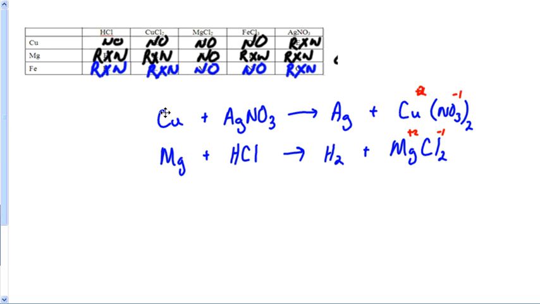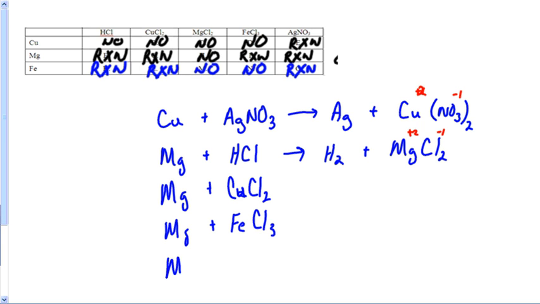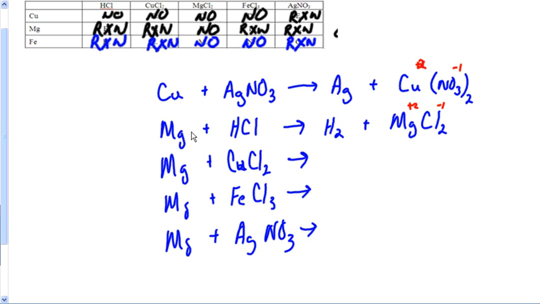Let's see. Next one is Mg plus, what is this? Mg plus Cu. Then Mg plus FeCl3. Mg plus Ag. So here's everything that should have reacted. And I'm talking real secret so nobody knows I'm doing this.